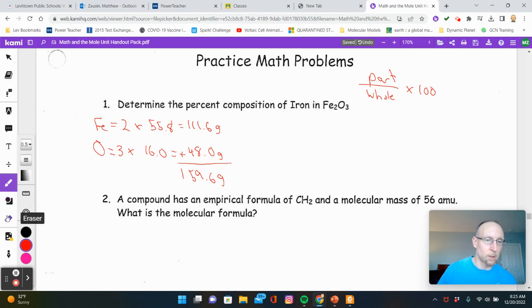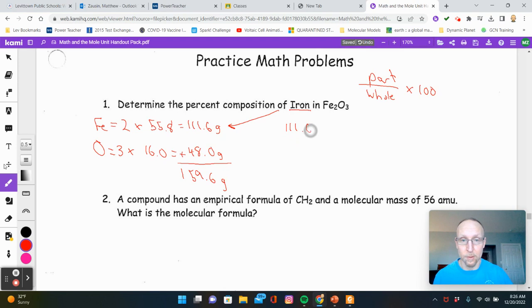Grams, right? So that's the mass of the whole thing. Now, all we care about here is the iron as the part. I want to know what percent iron makes up of the whole thing. So here's the amount of the iron. It's part over whole times 100.